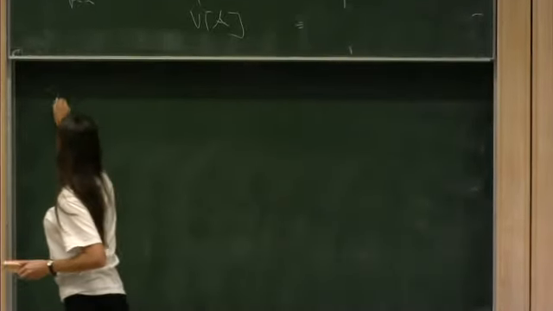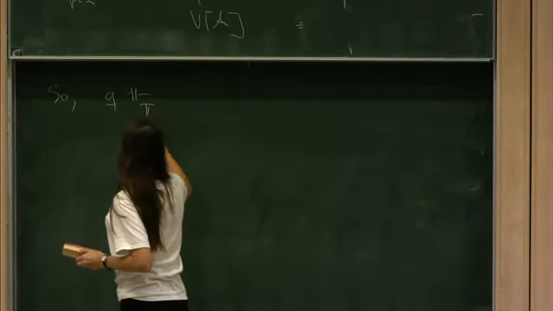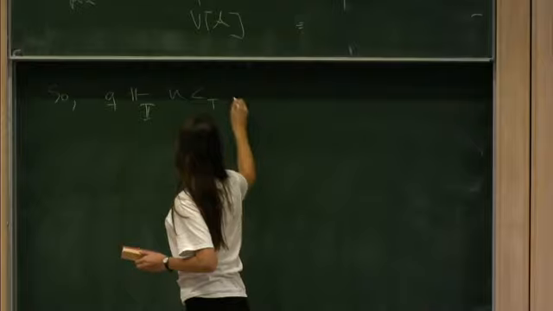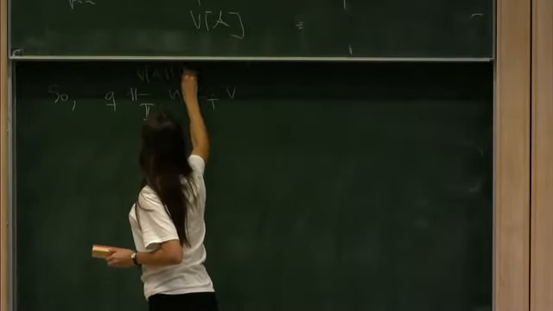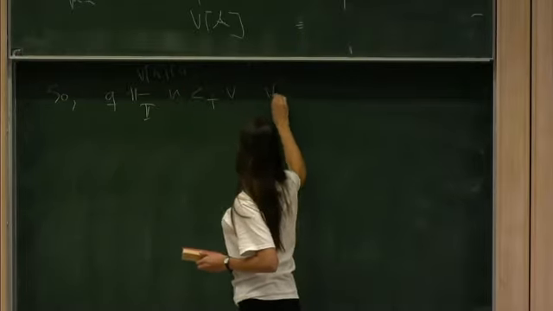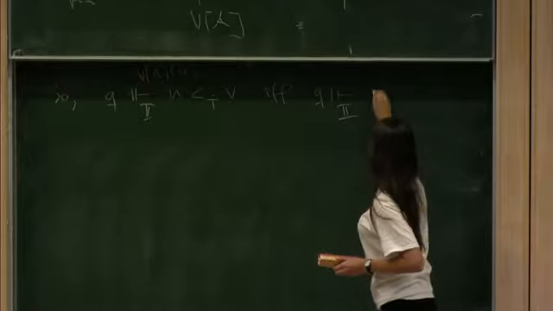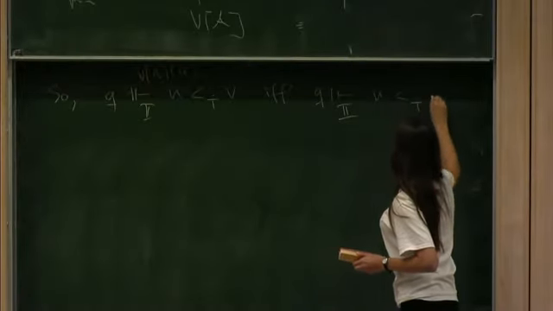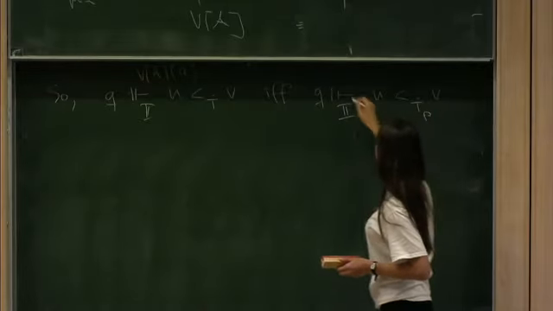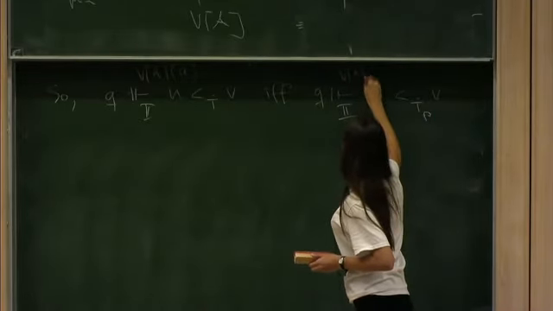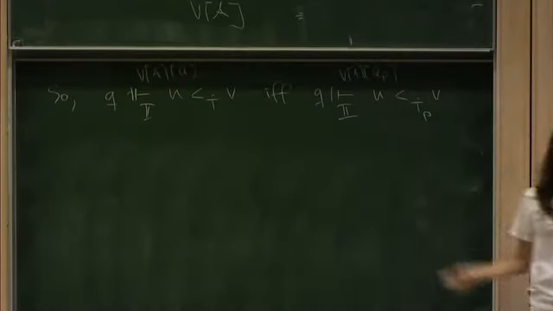So in particular, Q forces U less than T sub dot V over V[A][Q] if and only if Q forces not A, U less than T sub P V over V[A][Q][P].